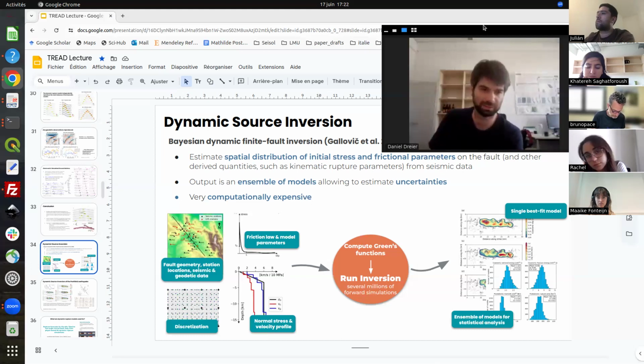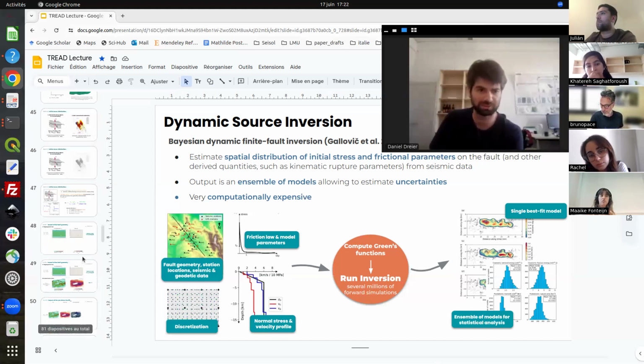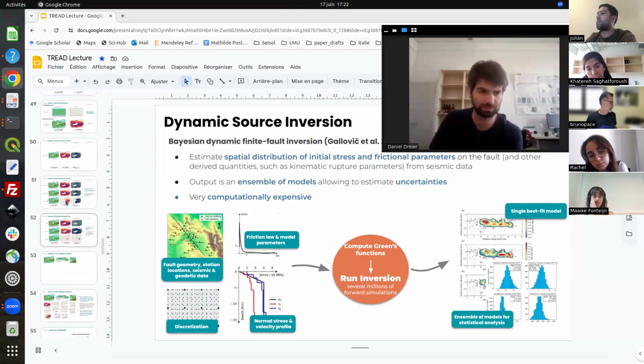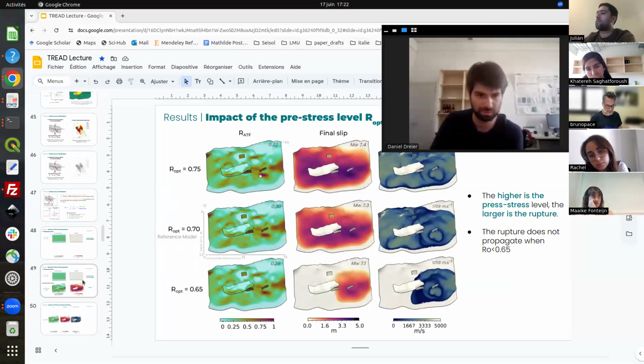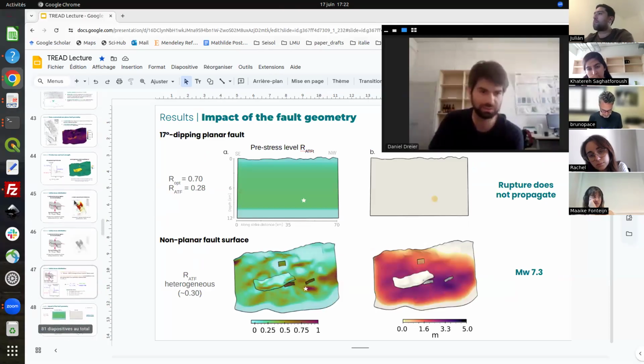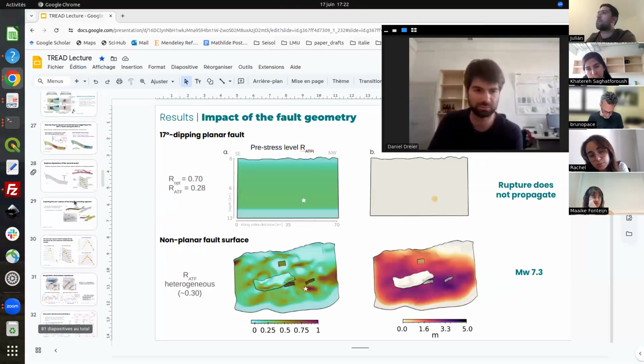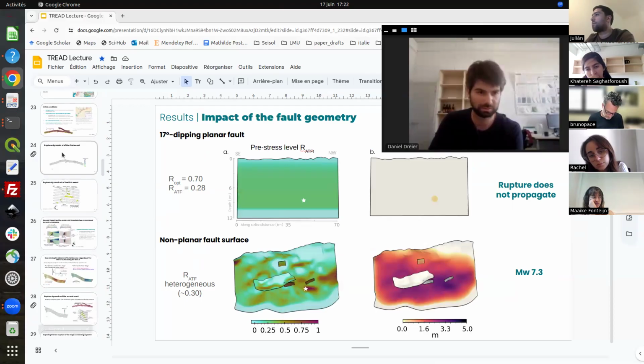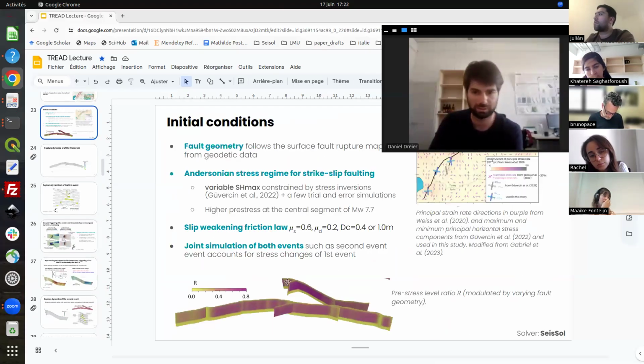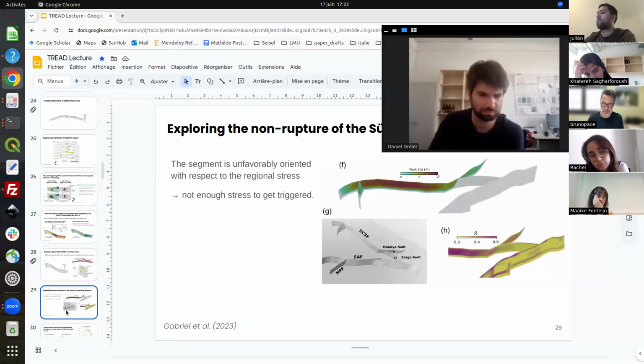For your second rupture, if you go to the slide with your pre-stresses, with the R values. I mean the second Turkey rupture. I think it was 29 or something. Here.